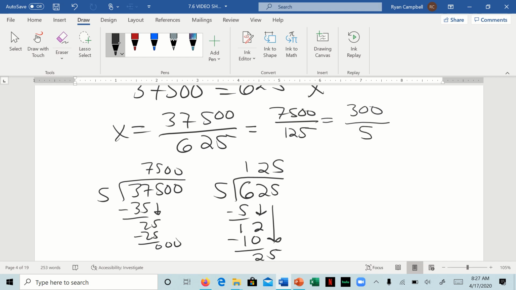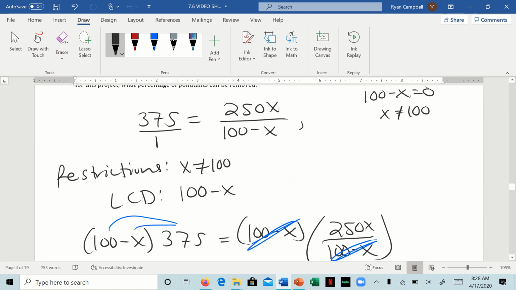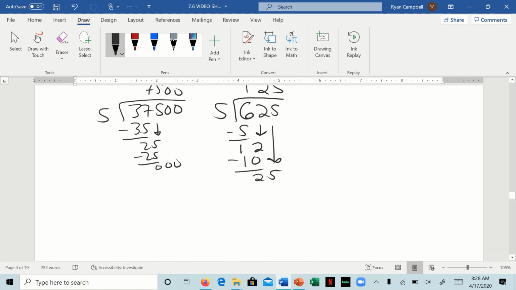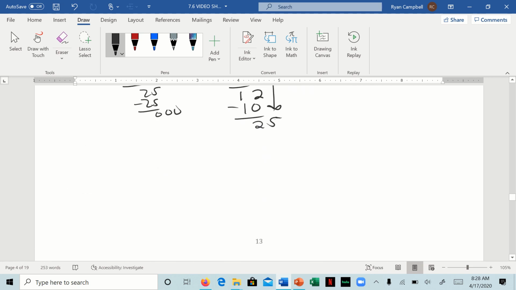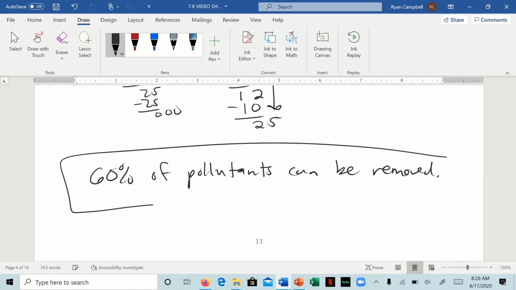And then 300 divided by 5 would be 60. And since 60 isn't 100, the answer will be 60% of the pollutants can be removed.